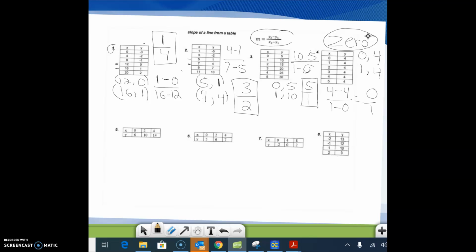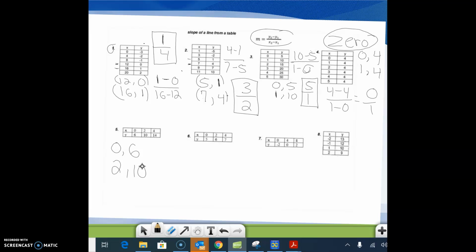So they're horizontal instead of vertical. Again, we're going to get 2 points. So I'm going to choose the first 2 points. 0, 6, x1, y1, 2, 10, x2, y2.